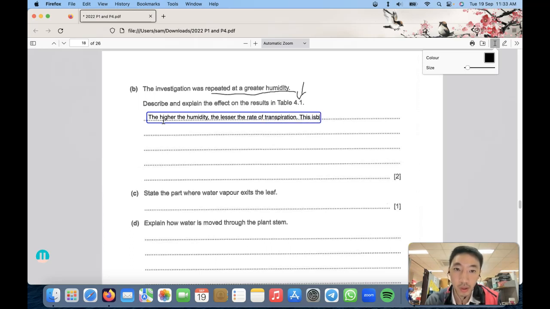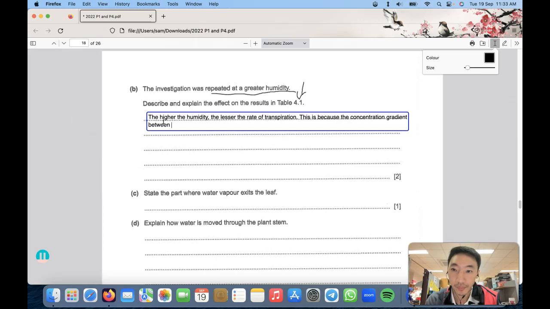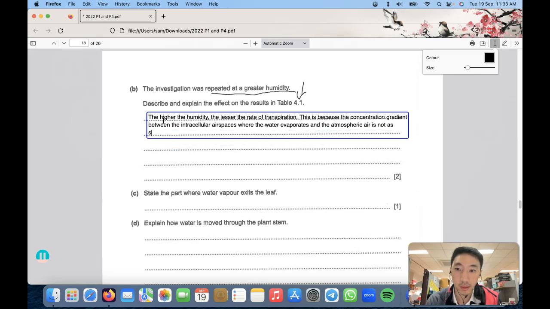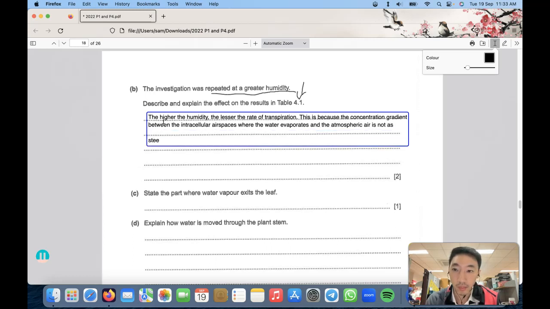This is because the concentration gradient between the intracellular air spaces where the water evaporates and the atmospheric air is not as steep. Or you can also just write it's gentle, it's too gentle.